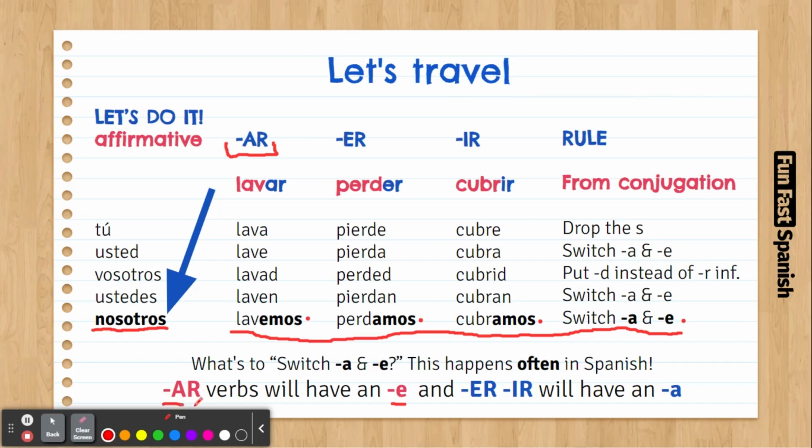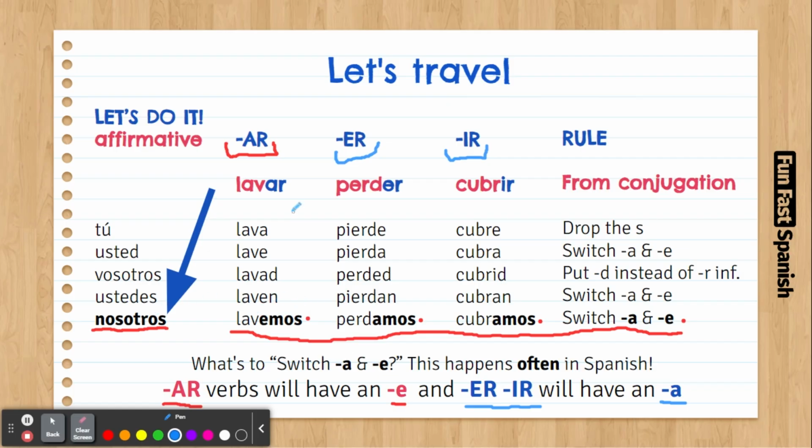And when we have verbs that are ER or IR verbs, we are going to put an A, and that's the golden rule. If you have an AR verb, you're going to put an E. If you have ER or IR verbs, you're going to put an A. That's all. So let's have a look at these examples.